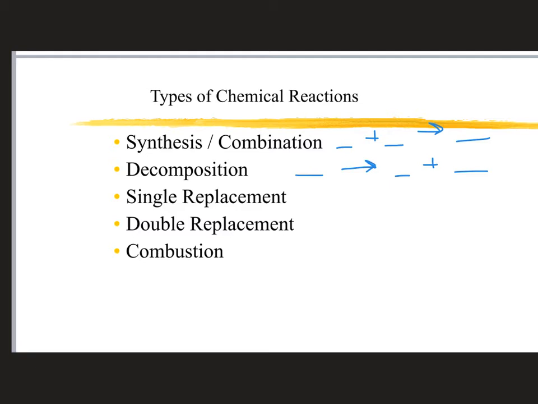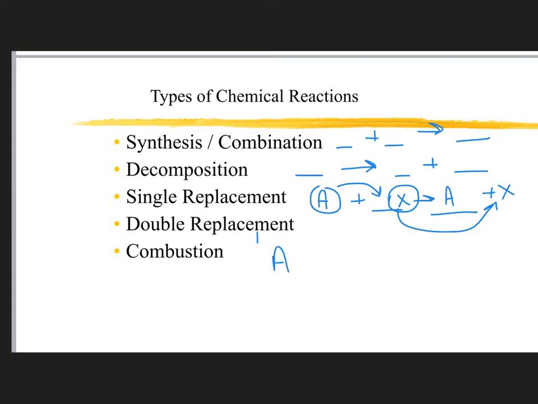A single replacement reaction is where you have some atom that's reacting with a compound, and then that atom becomes part of the compound, and then whatever else was in the compound gets booted out. So it's like a swap. The double replacement is a little more complicated of a swap.